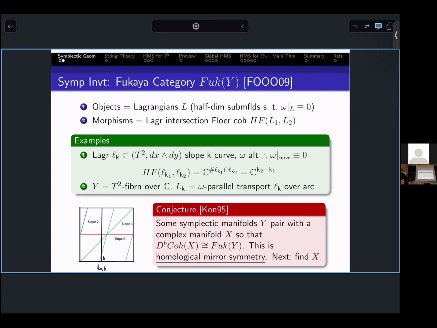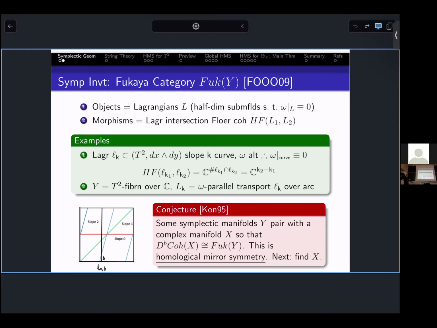So an example is if you take a slope k curve, a slope k line on the two-torus with dx dy, so your two-torus has area 1. Here's slope 0, slope 1, slope 2, which wraps twice around the two-torus. Then omega is a 2-form, so if you restrict it to something one-dimensional, you're going to get 0.